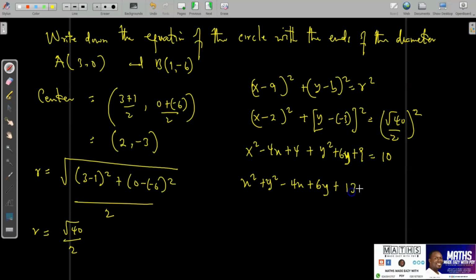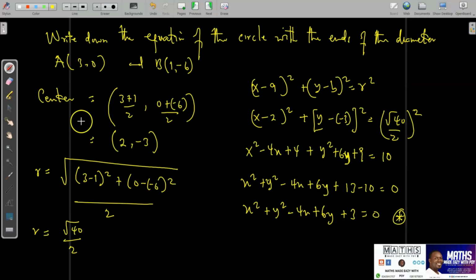So 13 minus 10 equal to 0. So x squared plus y squared minus 4x plus 6y, and that will give you plus 3 equal to 0. So this is our equation of the circle when the endpoint of the diameter is known to be this.